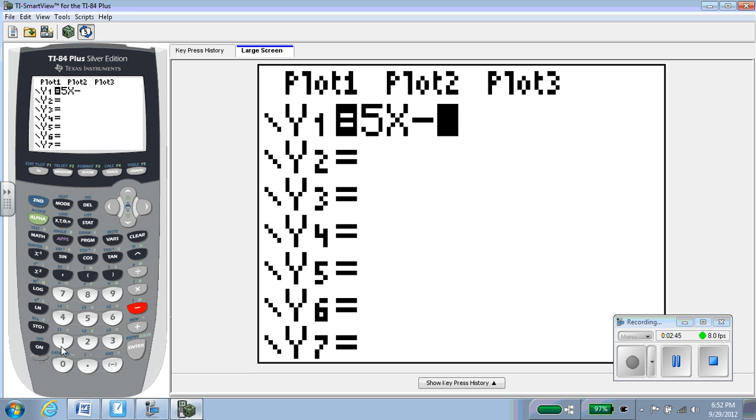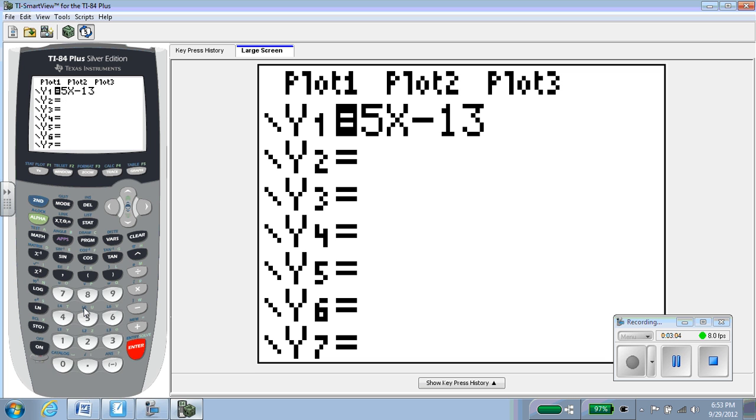Then I can either hit enter to go to the next one, or I can just use my down arrow right here. My next equation is y equals 1/3 x plus 1.